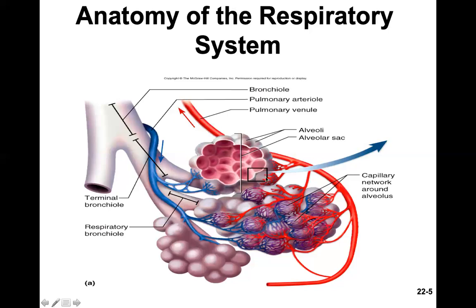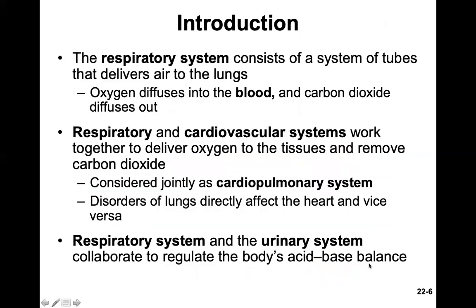Each sac is surrounded by a capillary network that will be the location of your gas exchange. Your carbon dioxide will leave the bloodstream and go back into these alveolar sacs. And the oxygen that is inhaled will leave these sacs and go into the capillaries to feed back into your bloodstream.